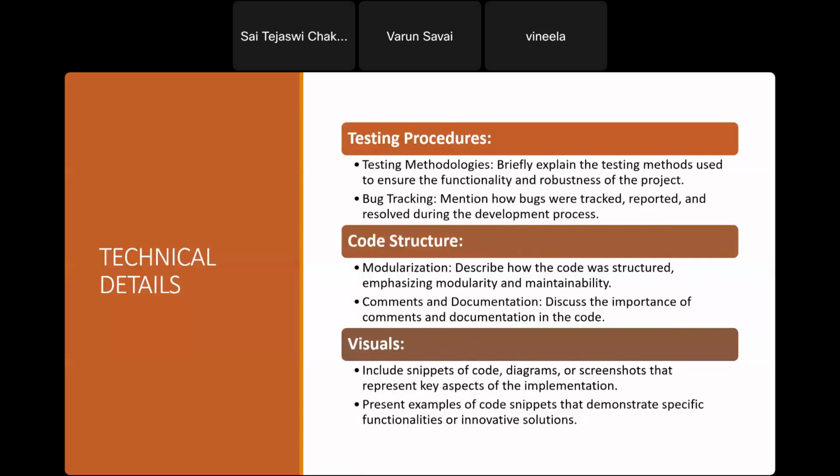Next slide. For the testing process, after developing the project, we tested manually and tracked the bugs in Visual Studio Code using the debugger. Based on that, we reviewed the project and fixed the issues. For the code structure, we followed the mandatory Mozilla code structure and also commented a few lines to explain what we have done.